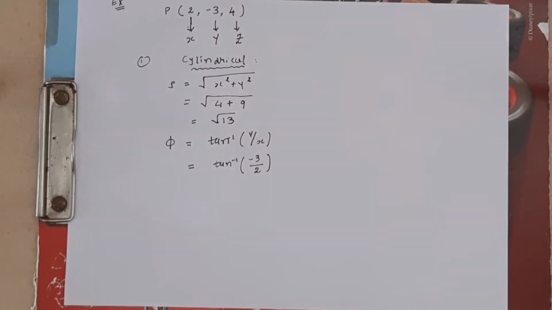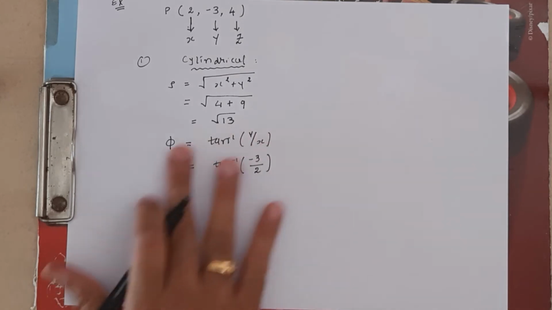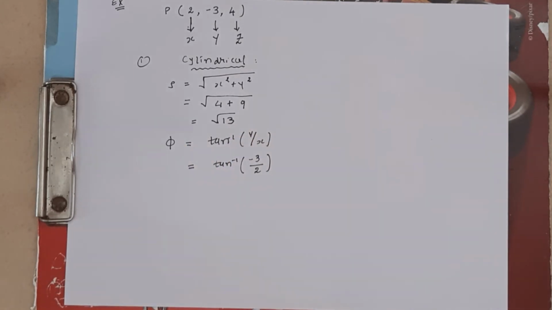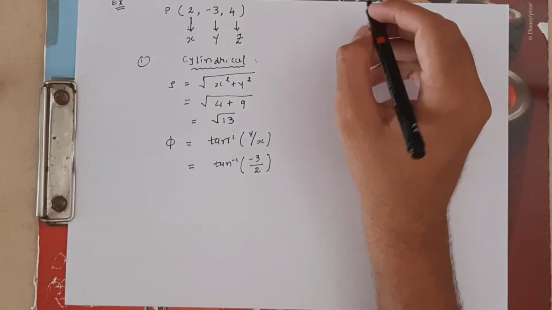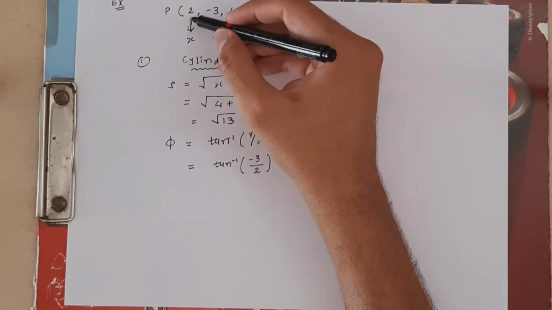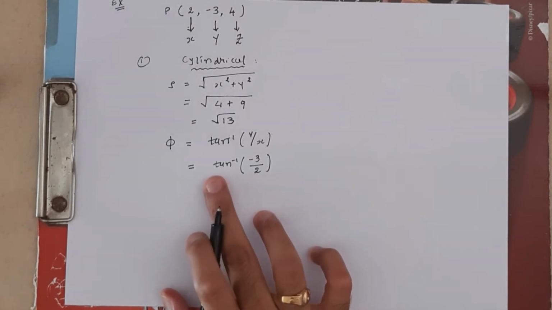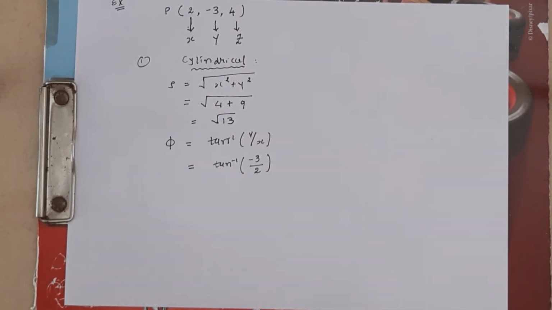Now see here, this one is important, because most of the students make mistakes here. I will explain how to identify this angle actually. If the value of y is 3 and value of x is minus 2, you will get the same answer. Phi is equal to tan inverse minus 3 by 2.